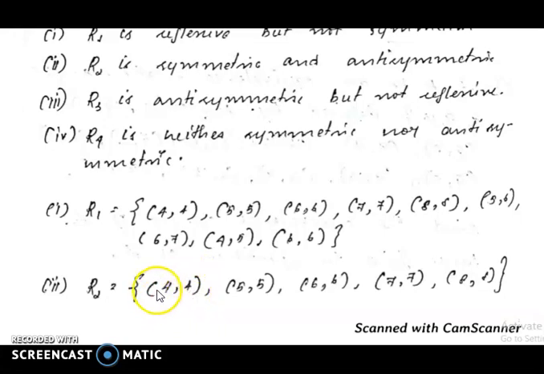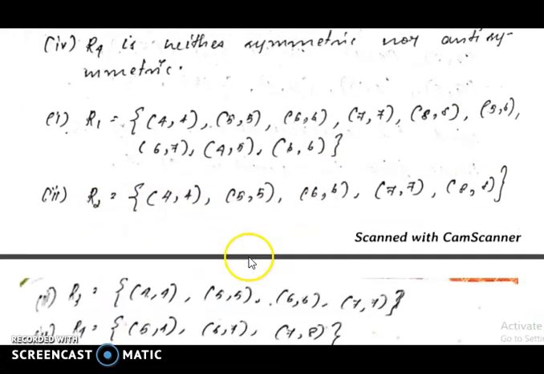Again, if you take B comma A, again it is 4 comma 4, right? A comma B is this one, B comma A is also this one. In this case, A is equal to B. Otherwise, A comma B is an element of R, but B comma A does not belong to R. That is anti-symmetry. So, this is both symmetric and anti-symmetric.